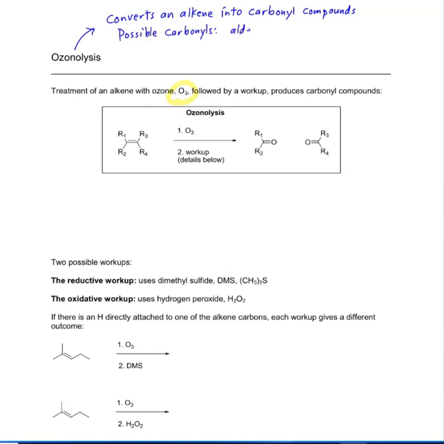You can make aldehydes, ketones, and carboxylic acids. So right away, you know that if you're predicting products for an ozonolysis, they're going to be aldehydes, ketones, or carboxylic acids.